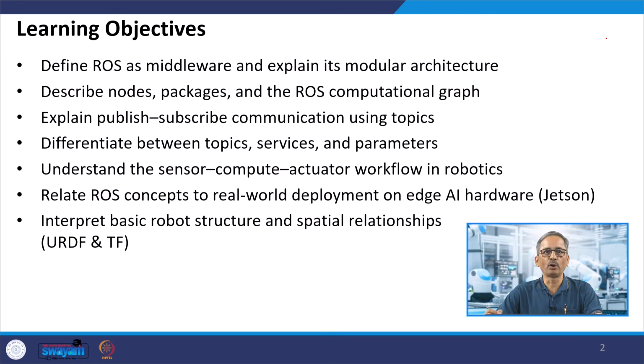You can describe nodes, packages and the ROS computational graph, explain publish-subscribe communication using topics, differentiate between topics, services and parameters, understand the sensor-computer-actuator workflow in robotics, and relate ROS concepts to real world deployment on edge AI devices, AI hardware, which we are going to use in this course, the Jetson. You will also be able to interpret basic robot structure and spatial relationship through URDF and TF.